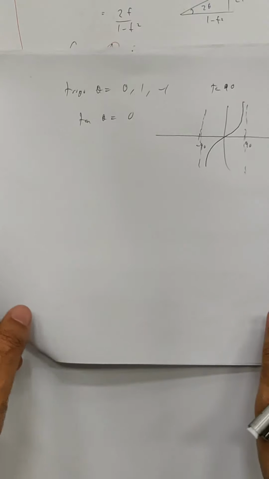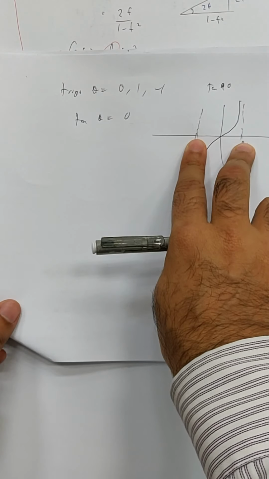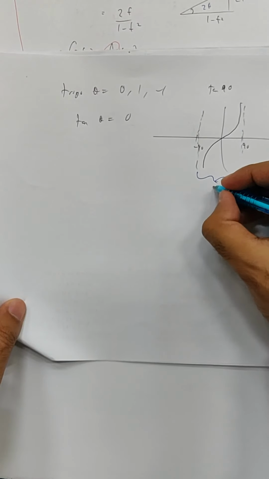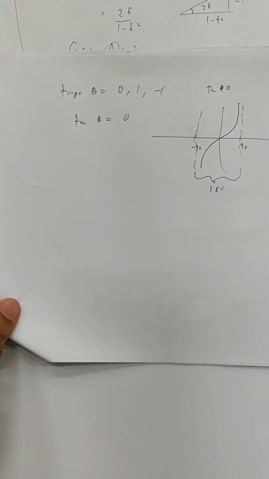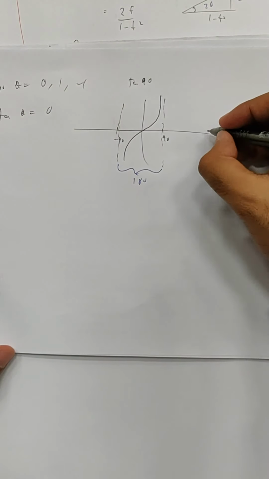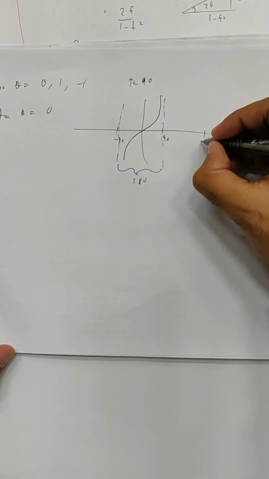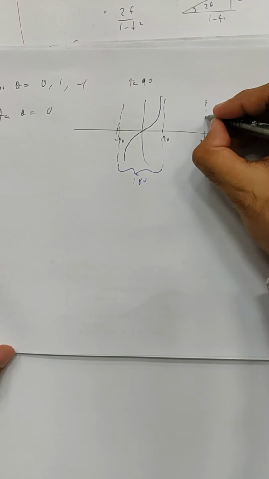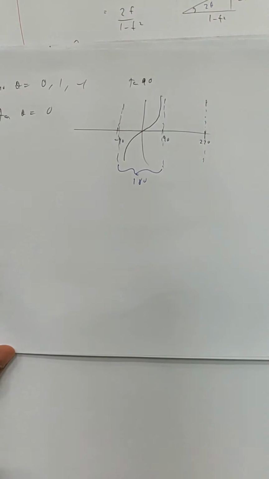Okay, so let's try and repeat them again. What's the difference? By how much is the difference? 180, okay? So the next cycle will be 90 plus 180? 270. This is my first time teaching you tangent graph.